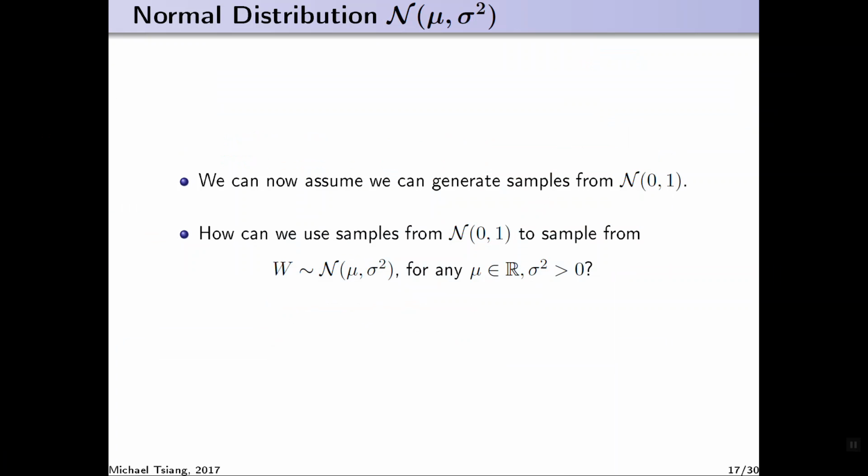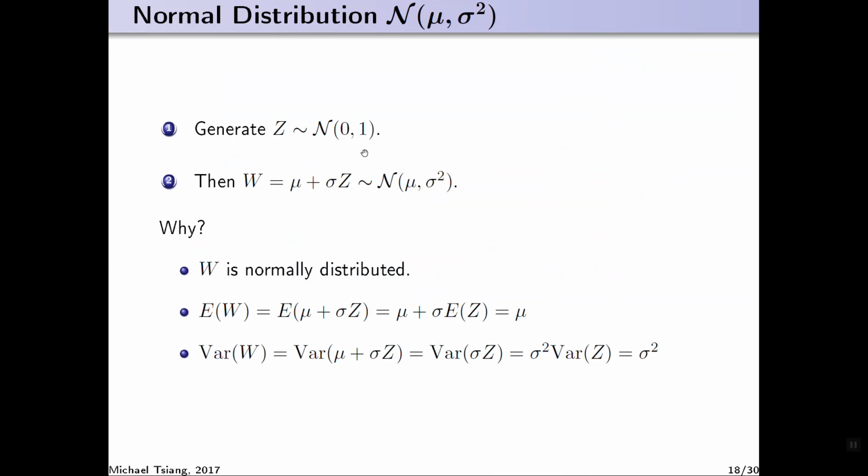Okay, and then going from standard normal to some other normal distribution. This is easy, right? We just basically use z-scores, so we multiply z by sigma and then add the mean, and when you do that, you get some other normal distribution with mean mu and variance sigma squared.